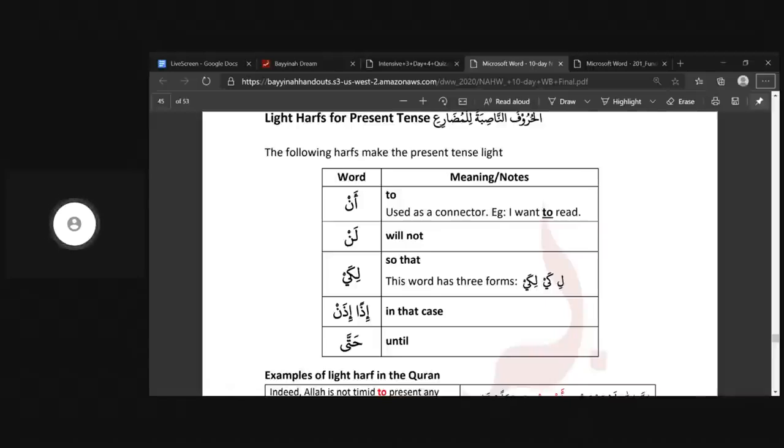For the rest of them, the noon is removed. So yansurani becomes yansura. Yansuruna becomes yansuru. Tansurina becomes tansuri. The noon is removed. The only exception is the feminine plural versions. Yansurna and tansurna, they stay the same always. They never change. Not even in light, not even in lightest.